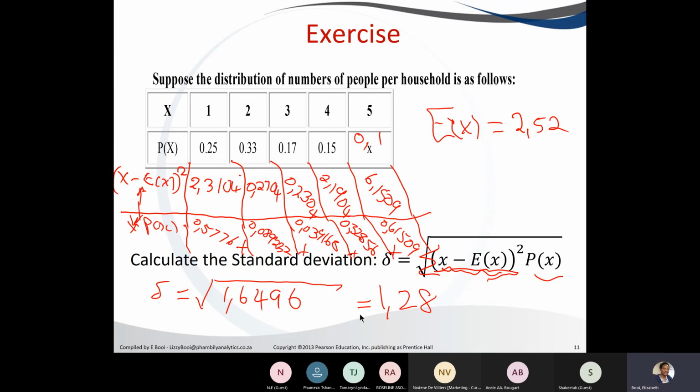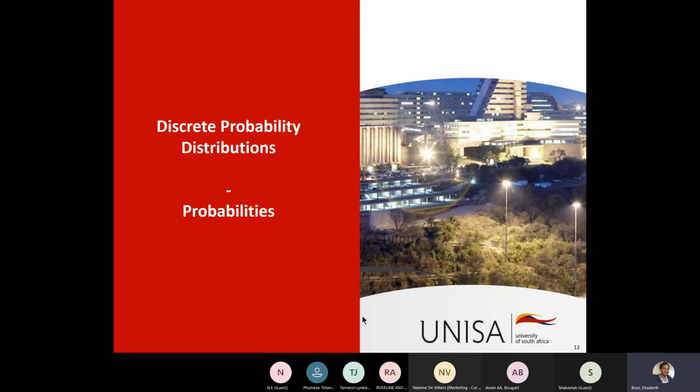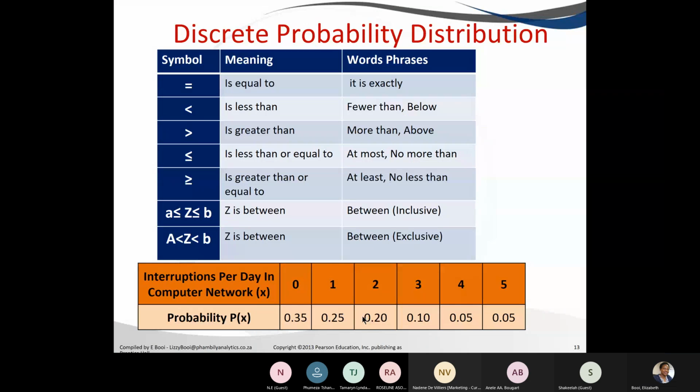How do we calculate probabilities of a discrete probability distribution? Before we get to calculating the probability, there are a couple of things that I want to highlight.